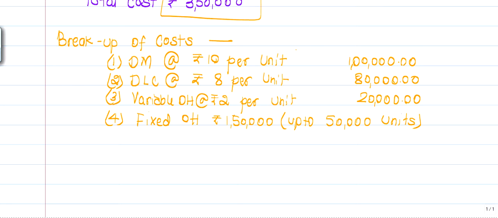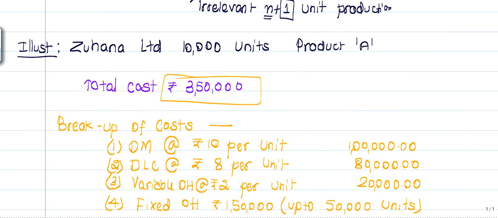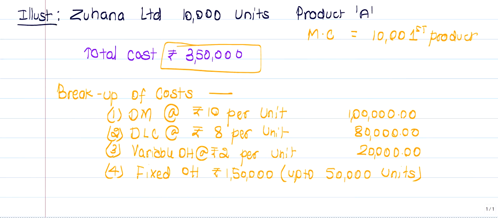Okay, Zuhana Limited is producing 10,000 units. So for marginal cost, Zuhana Limited wants to know what is the marginal cost of the product after 10,000, the 10,001st unit. We'll find out.